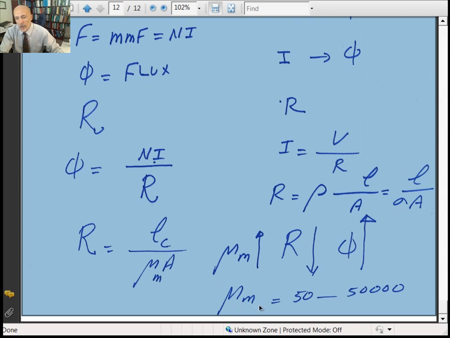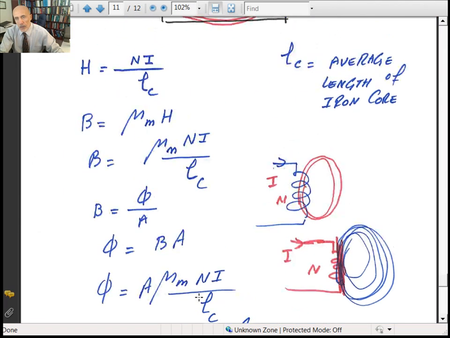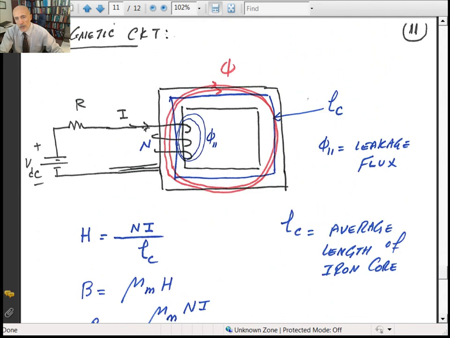Well, mu sub m is anywhere from 50 to 50,000. That's exactly what they do. A permanent magnet has a very weak magnetic field. So if you look at all the generators, they don't use permanent magnets. They generate a magnetic field using a simple constant current. Okay, they apply what is called a field current. They apply a constant current, a DC current, to the field winding of your generator, and it has a very high permeability magnetic material.